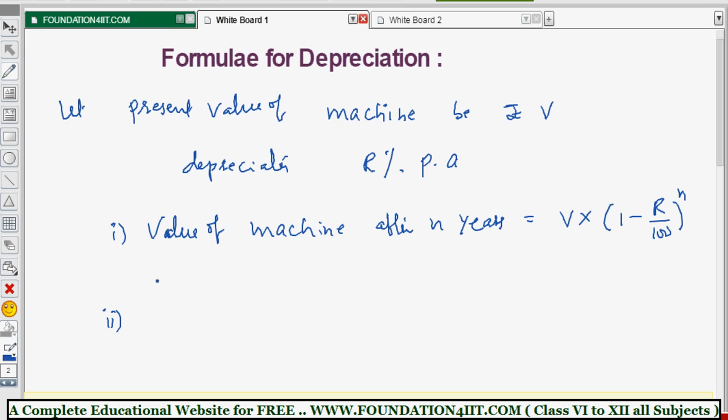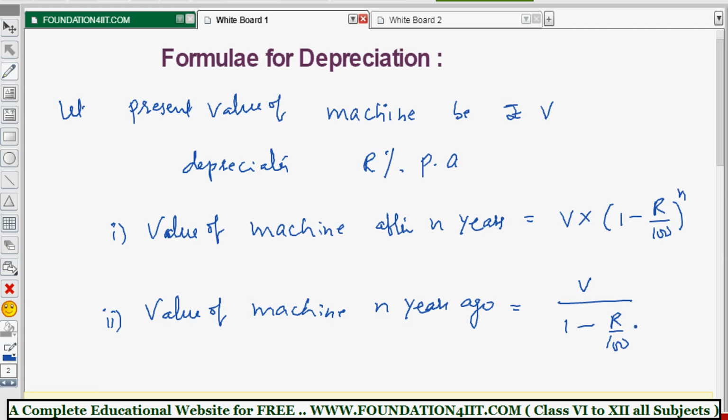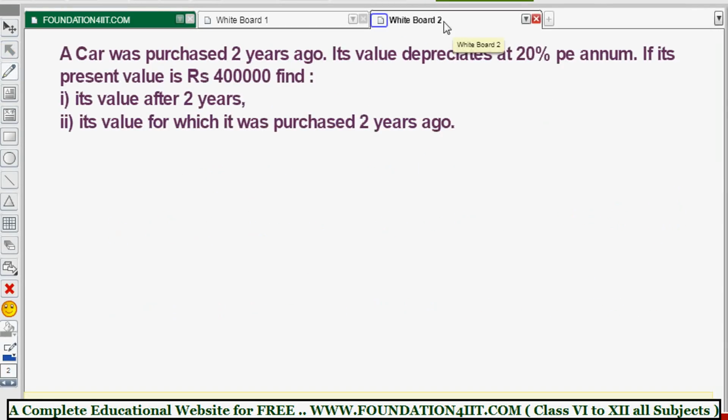And the value of the machine n years ago is V by 1 minus R by 100 to the power n. Just the letters are changing. If you know the present value and the rate of depreciation, we can find the value of the machine after n years using this formula. N years ago, V by 1 minus R by 100 to the power n. Right? You will see how to apply these formulas in this problem.